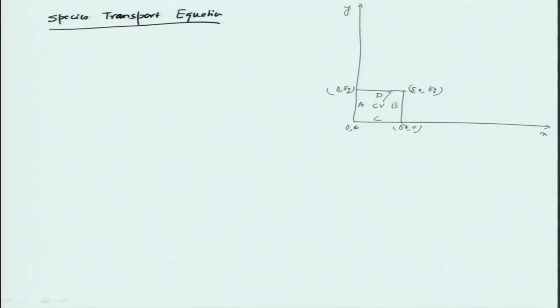Now, what will we have to consider? We will have to consider the ith species, right. That means the mass flux entering due to the ith species is this much, okay. And what will be coming out of here, in the x direction, right.